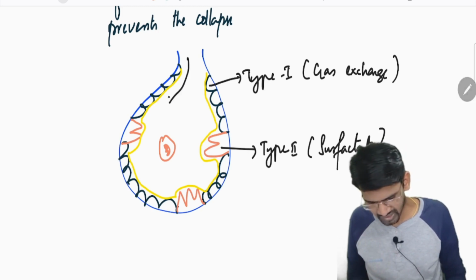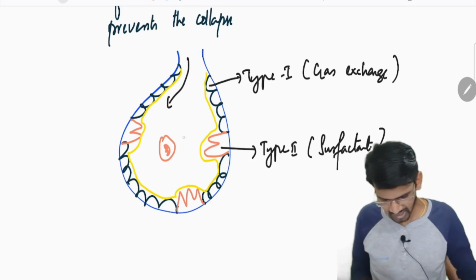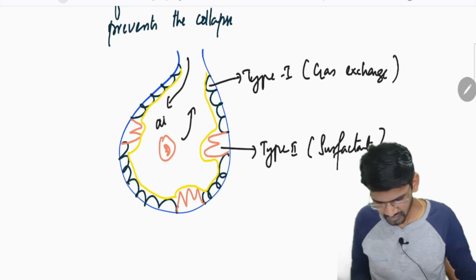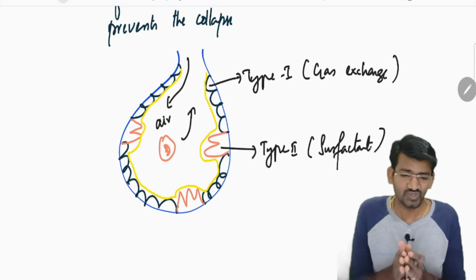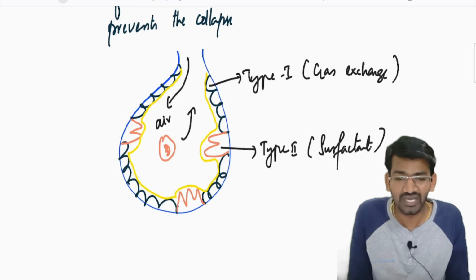When air enters the alveoli, it inflates, and as the air goes out, it has to collapse. But complete collapse of the alveoli is prevented because of the presence of this surfactant. That is the major importance of surfactant in the respiratory system.